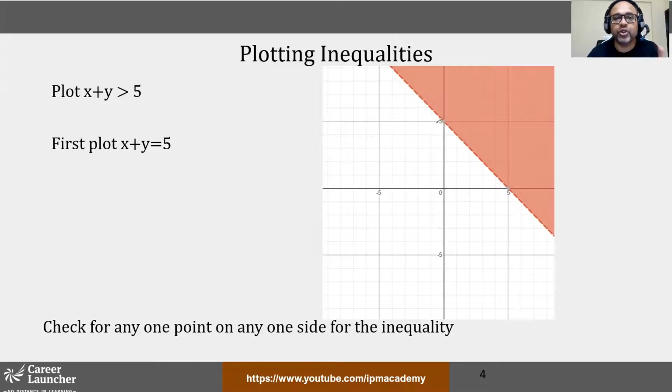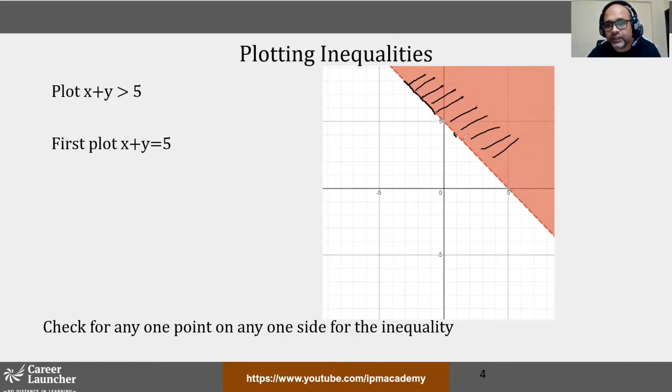The answer is no. Why is the line not included? Because x plus y is not equal to 5, it is greater than 5. So the line represents all the points where x plus y is 5, and equal to cannot be accepted. It should be greater than. So after this line, the right hand side, this is your answer.